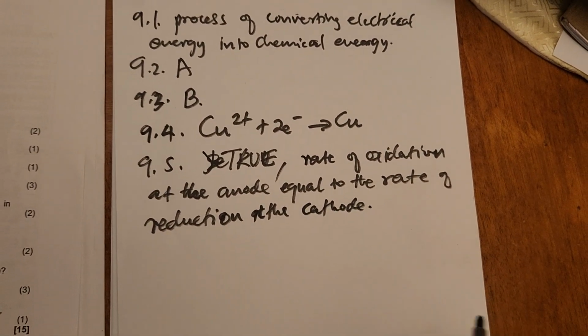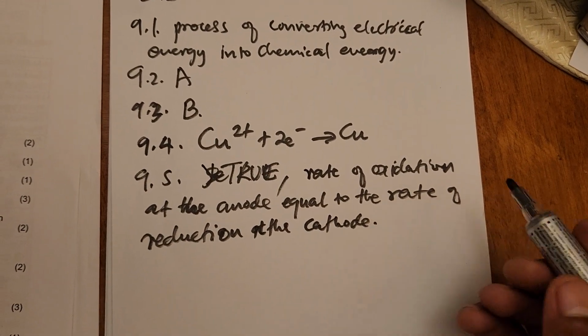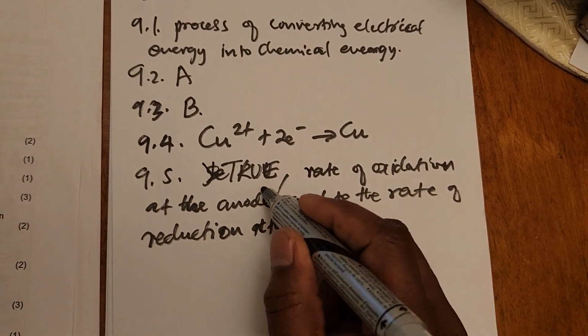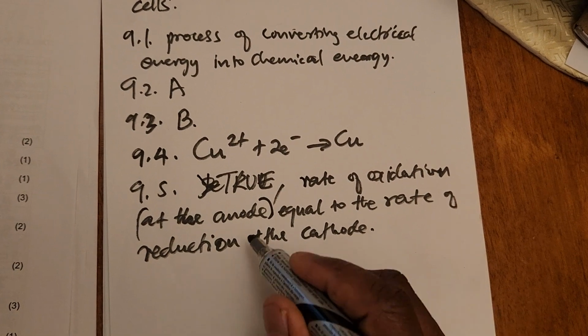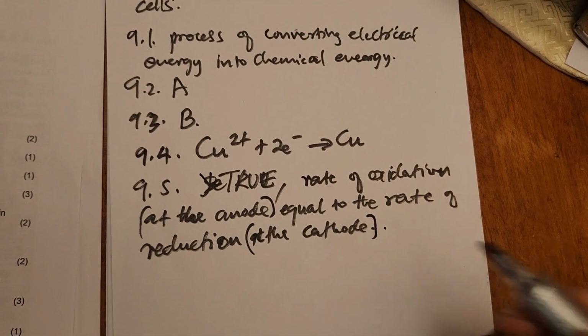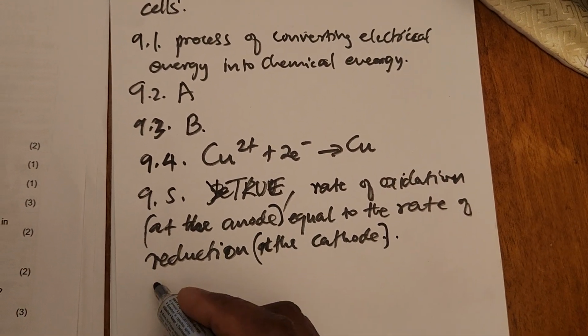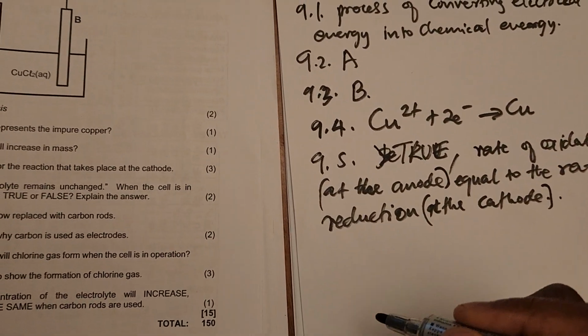That's the best one. So you can just say the rate of oxidation equals the rate of reduction. That's also enough for the answer if you don't want to be explicit.